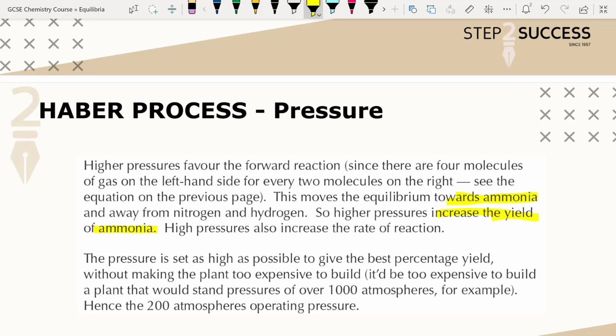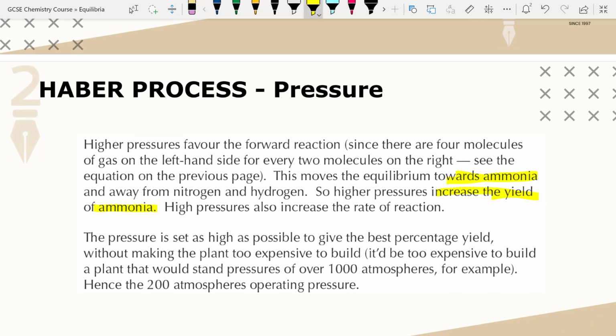Okay? The pressure is set as high as possible to give the best percentage yield without making it too expensive to build. It'd be too expensive to build a plant that would have very, very high pressures. Even though we'd get more ammonia and it would happen quickly, it would just be too expensive, and so it wouldn't be worthwhile. And so the 200 atmospheres is, again, a compromise between cost and yield of ammonia.